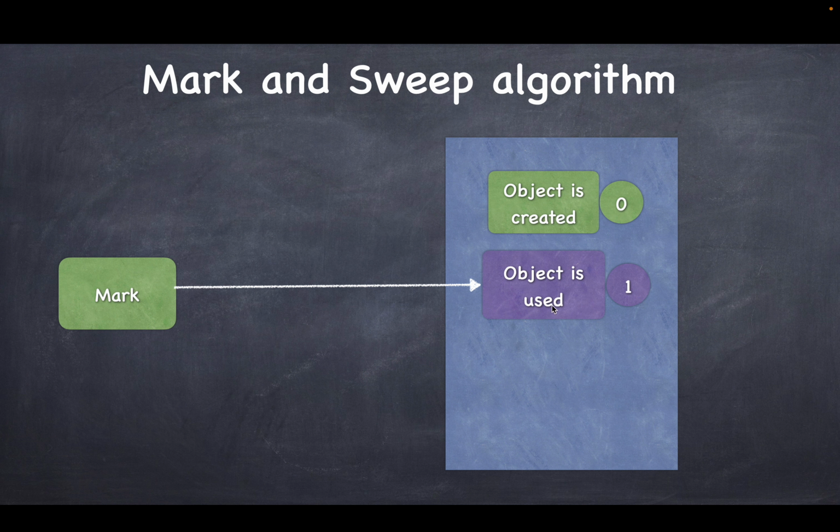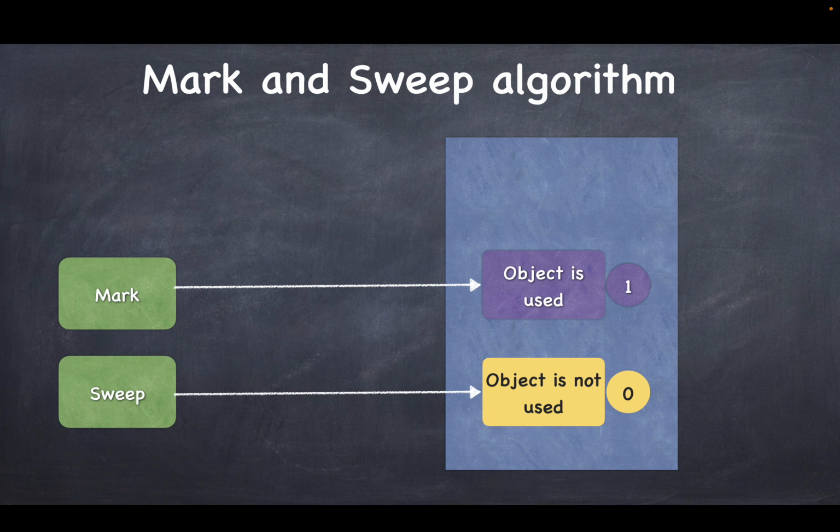If I don't want this object, or I make this object equal to null, then the mark algorithm will again mark that object with number 0, which means that any object with number 0 is not used. Whenever the object is not used, the sweep algorithm will delete those objects.